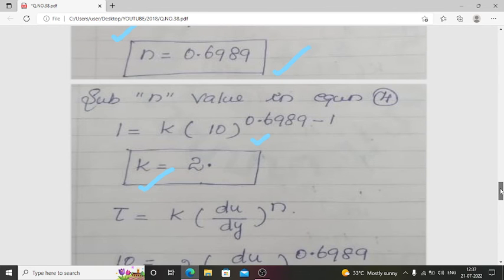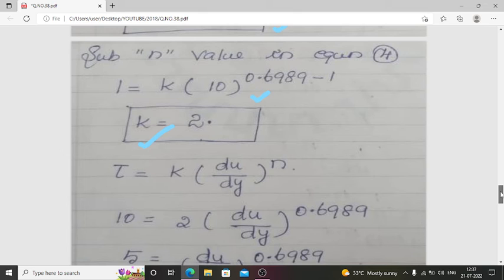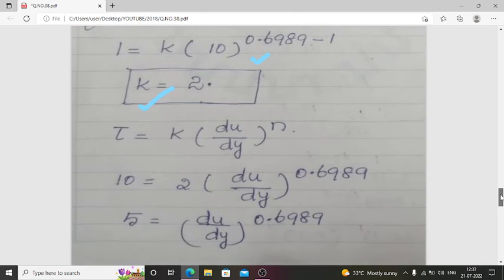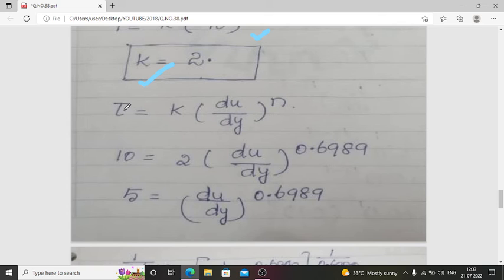Okay, so now we have the flow behavior index n and the flow consistency index k. So we know the power law, that is tau is equal to k into du by dy power n. So here, if the liquid follows power law behavior, determine the apparent viscosity when shear stress is equal to 10 Newton per meter square.